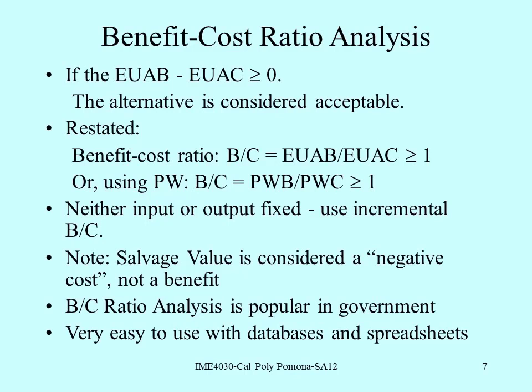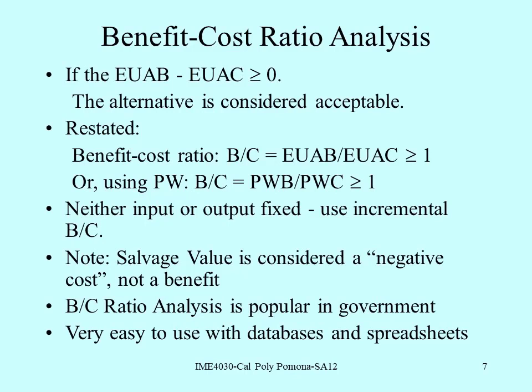Here's a very important note, and that is that salvage value now is considered to be a negative cost and not a benefit. Up until now, we could call salvage value a negative cost or a benefit, and it didn't affect our analysis calculations. But now we're at a point where we have to treat the salvage value as an offset to cost and not as a benefit.